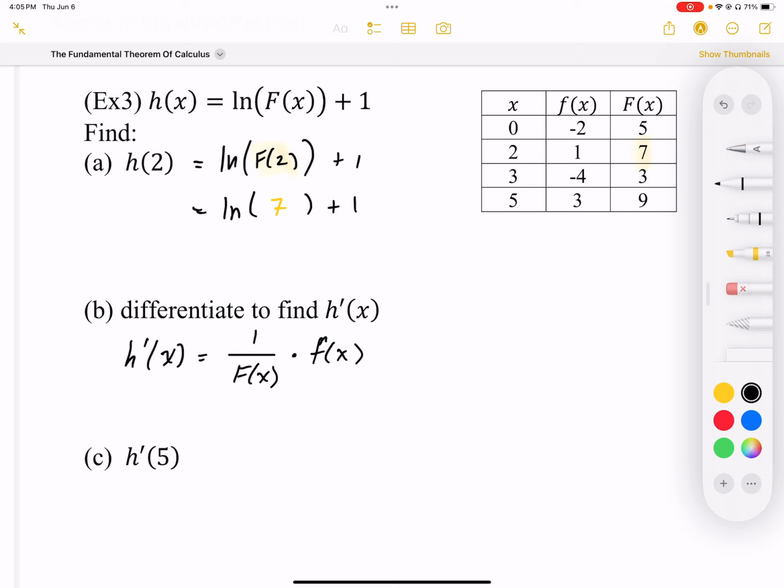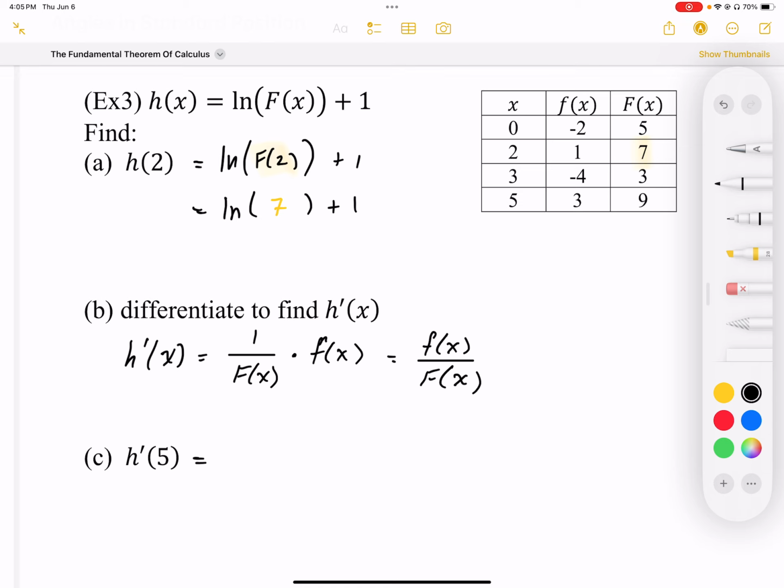And then the plus 1 is just going to differentiate to 0. So now I have an expression that represents the derivative of this composite function h, and in this case it's going to be the small f divided by big F.